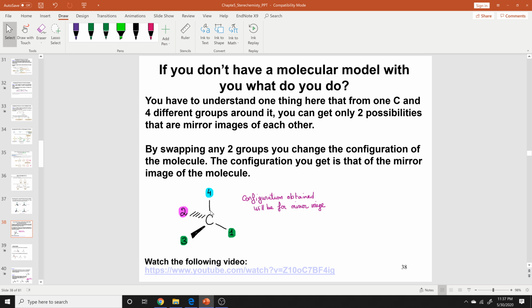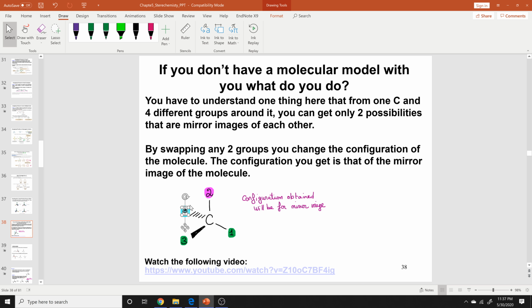It is not behind. What should I do? I don't have a molecular model with me. All you need to do over here is simply swap group 4. I'm just going to take group 4 and group 2 and swap them. See, now group 4 is behind.